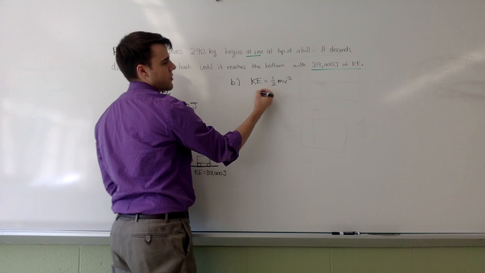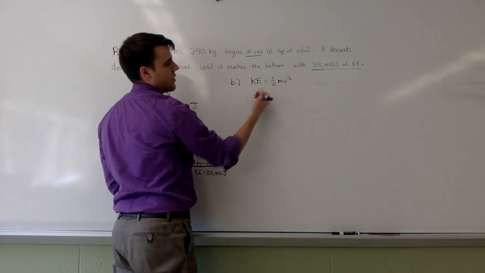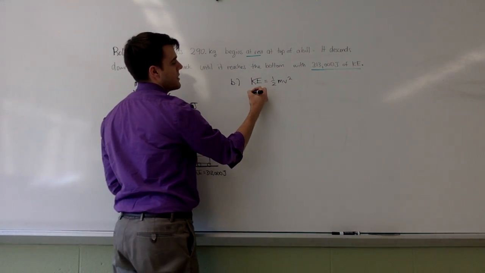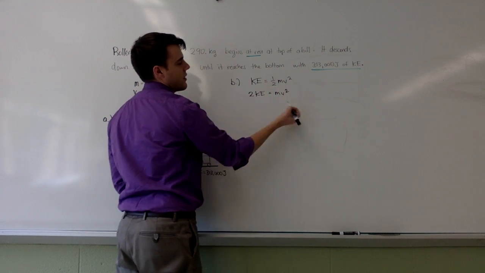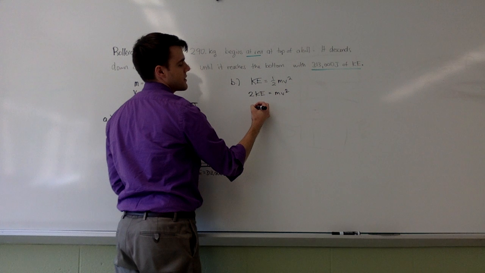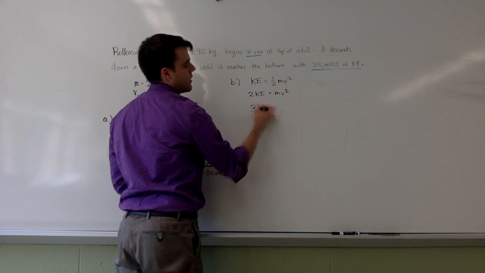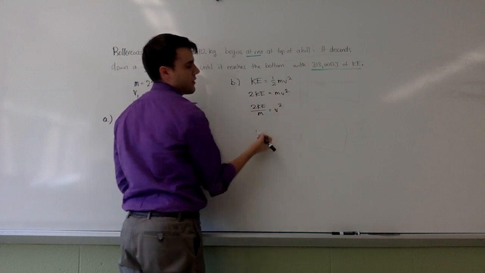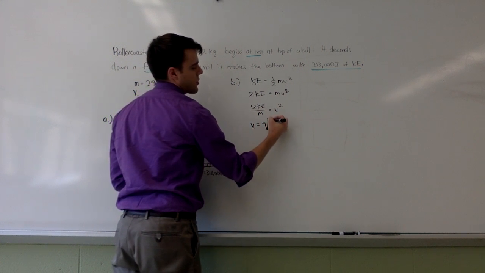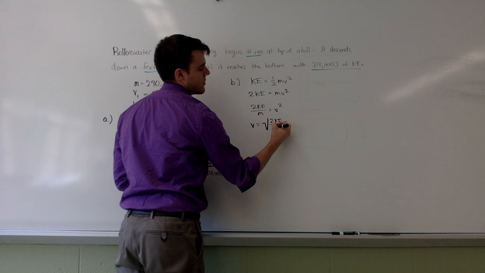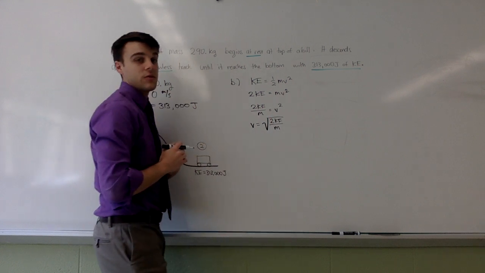So, in order to do that, we'll rearrange this equation. So first I'll divide by 1/2, or multiply by 2, which is 2 times KE equals mv squared. Then I will divide both sides by mass, and I will have 2KE over mass equals v squared. Then I'll square root both sides. And we will end up with square root of 2KE divided by m equals velocity.